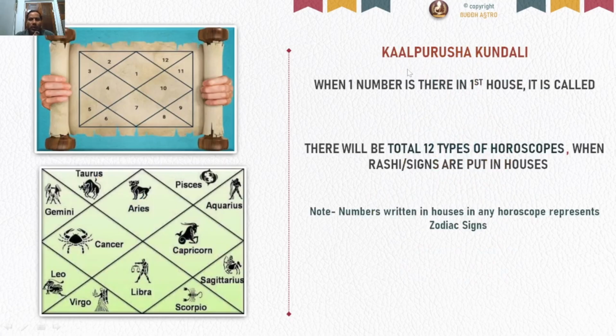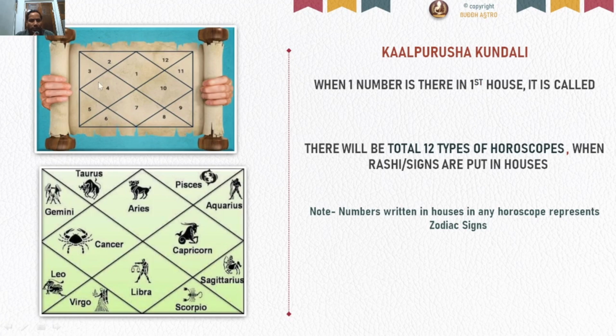Now see, what is Kal Purusha Kundli? You already know that this first box is known as the first house. Similarly, the next box will be the second house. This will be the third house. And you already know that one means Aries sign, two means Taurus sign.